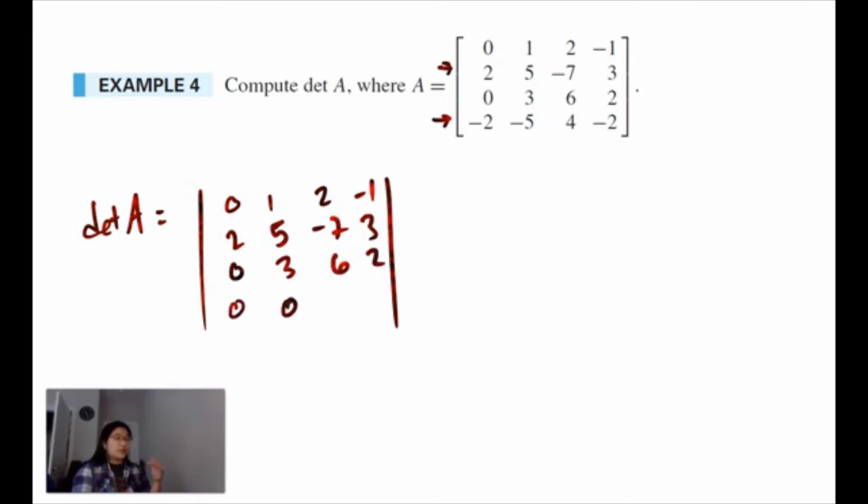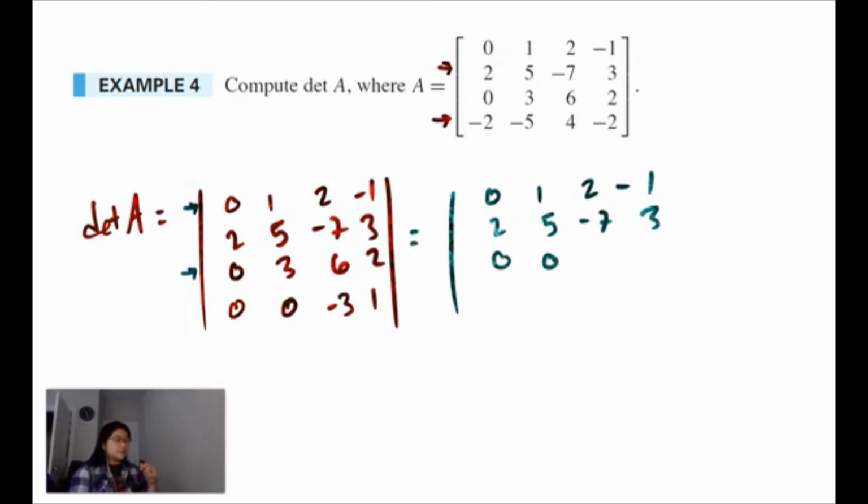And then we get -3 and 1. Okay. And then can we use row 1 times -3 plus row 3? So then we end up with 0, 0, 0. The -3 times -1 is 3 plus 2 is 5. 0, 0, -3, 1. Okay.